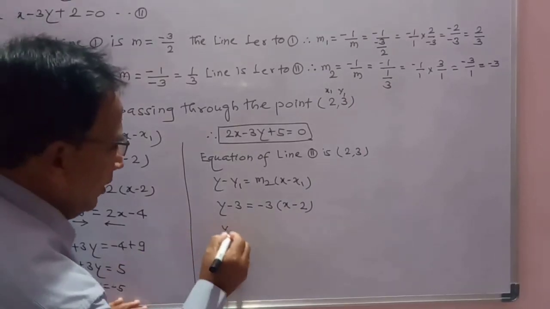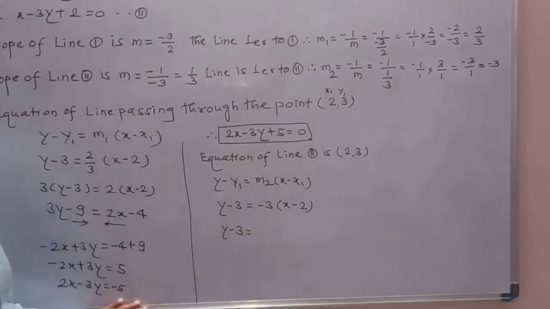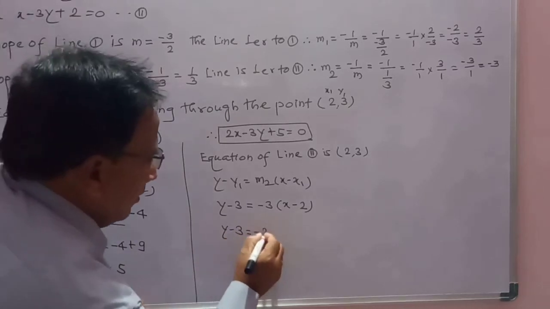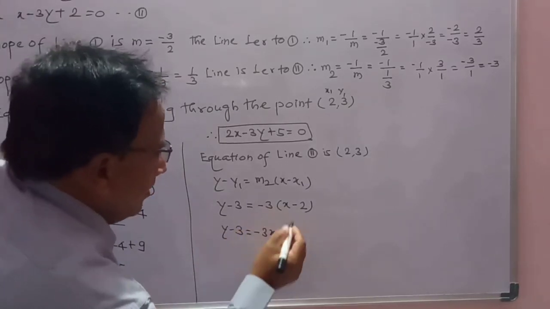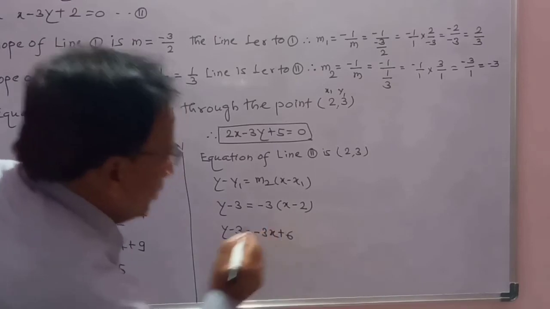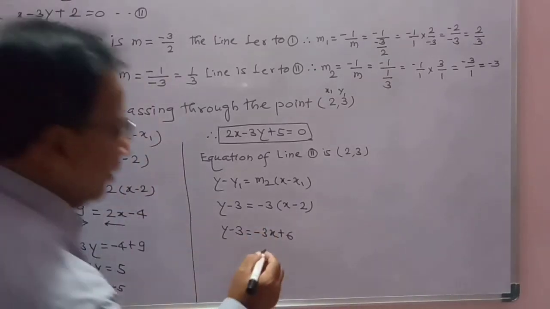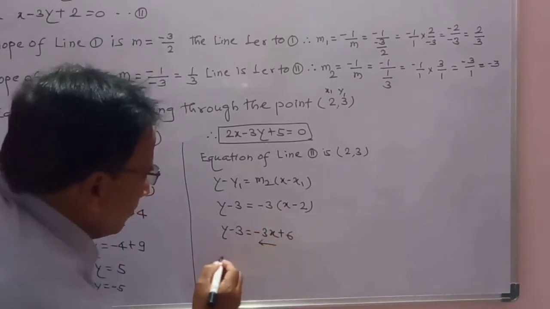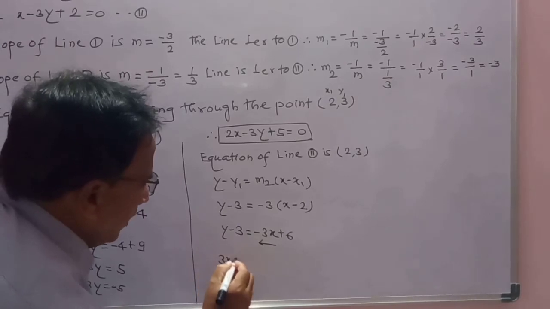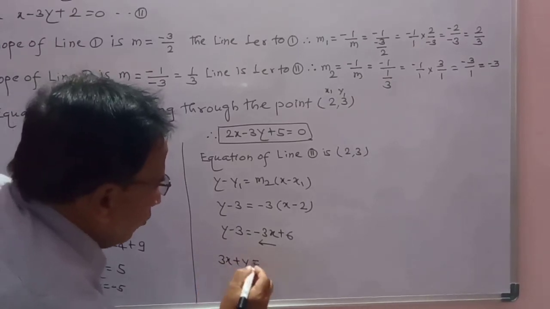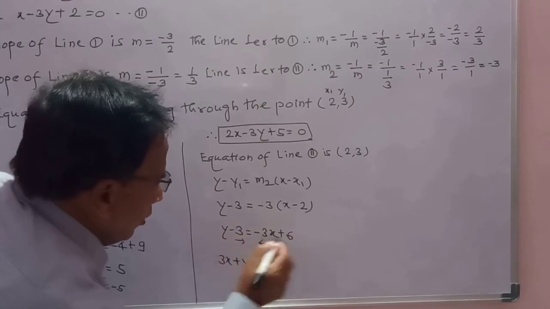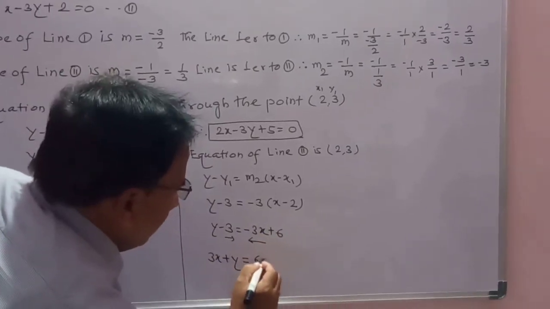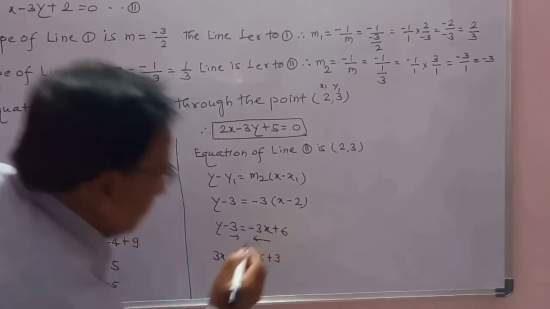Therefore, y minus 3 equal to minus 3 into x, minus 3x, minus 3 into minus 2, plus 6. Transposing minus 3x to the left side, it becomes plus 3x: 3x plus y equal to minus 3 transpose on the right side, 6 plus 3.